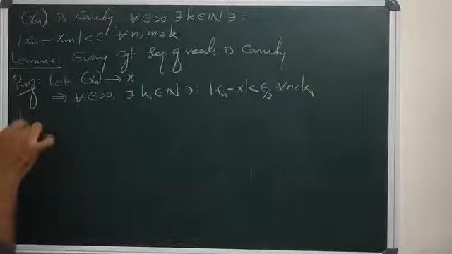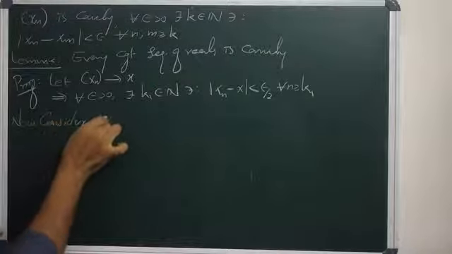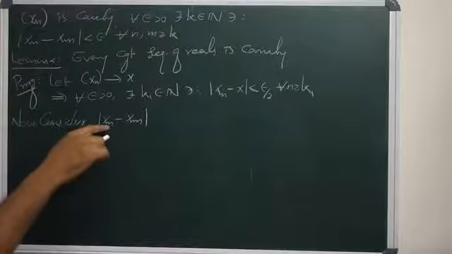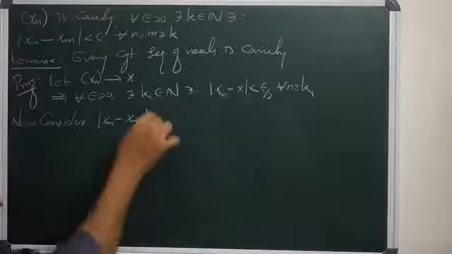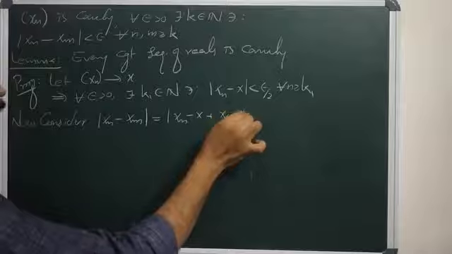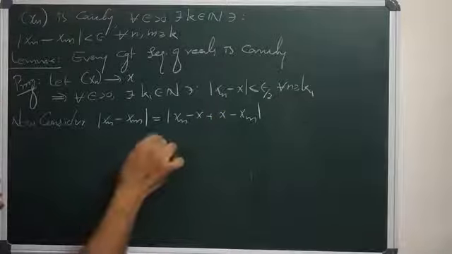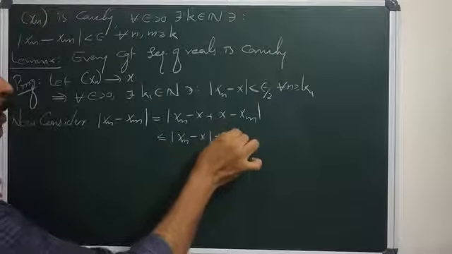Now consider modulus of xn minus xm. To prove xn is Cauchy, we have to show that mod xn minus xm is less than some epsilon. This is nothing but modulus of xn minus x plus x minus xm. You can introduce x simultaneously. By the property of modulus, it is mod xn minus x plus mod x minus xm.